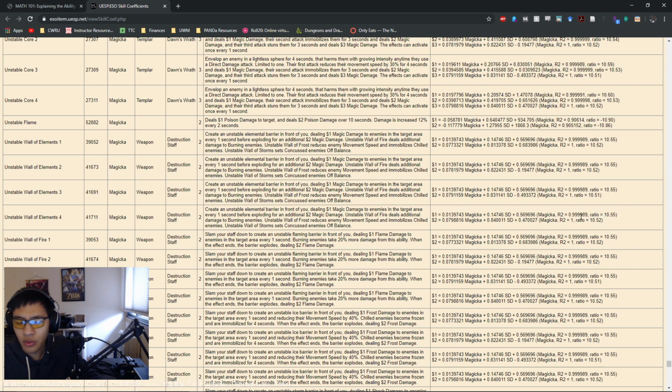The R2 is what's called the coefficient ratio, and that more or less tells us how well this lines up with true in-game values. A lot of these are close to 1, but some of them aren't really close to 1. So this one is technically not 1, so you are going to get a little bit of variation here and there. But the ratio here refers to the ratio between the two coefficients here.